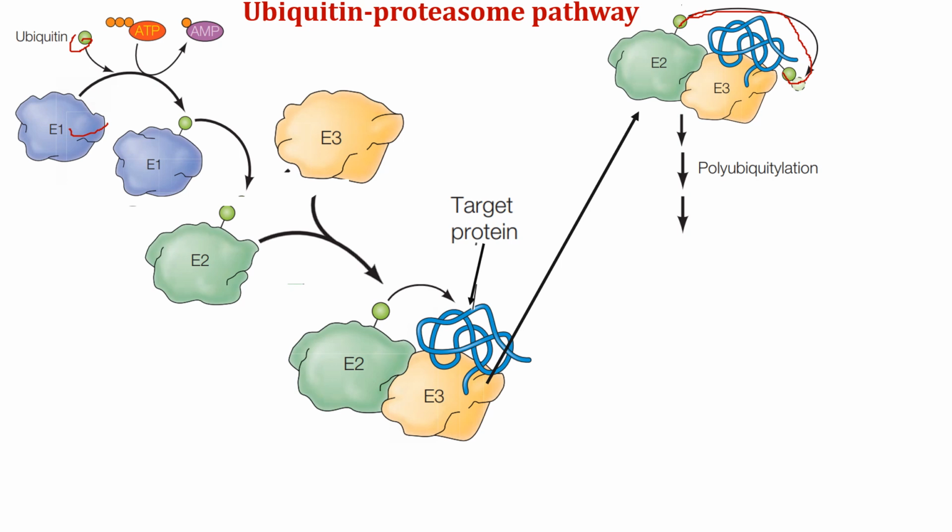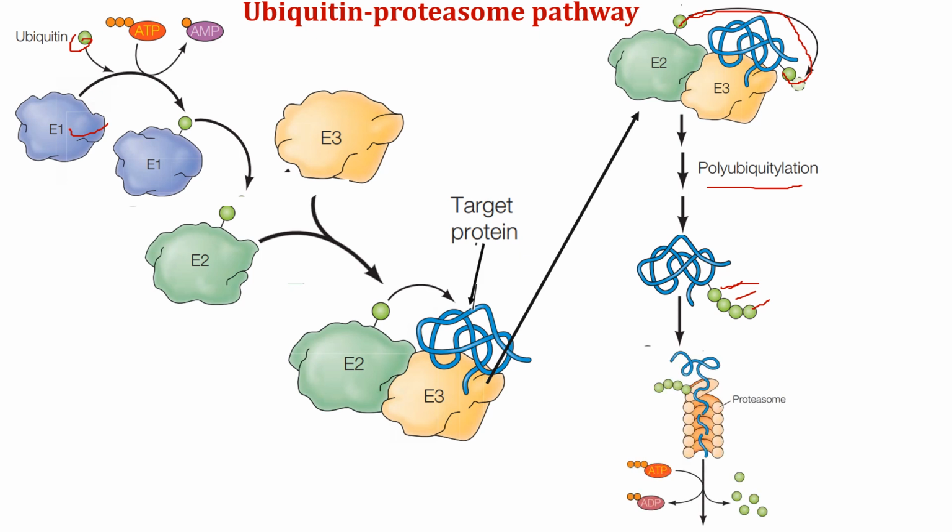Here are the multiple molecules of ubiquitin forming polyubiquitination. This forms the polyubiquitin chain.